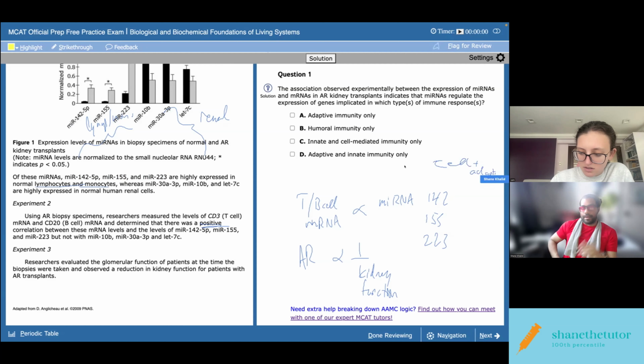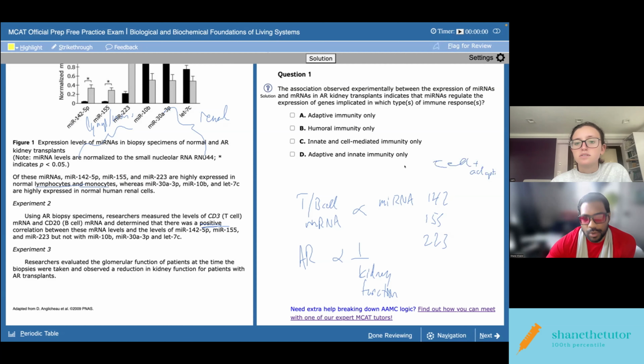Yes, adaptive includes humoral and cell-mediated, because otherwise, why wouldn't it be B? That's what's wrong about B, because humoral plus cell-mediated is the adaptive.